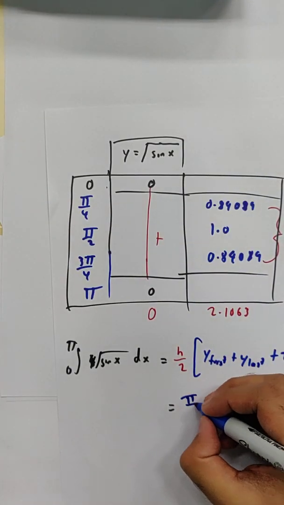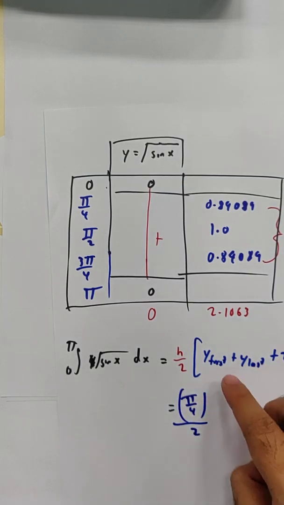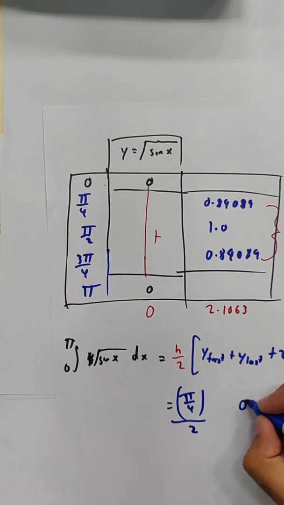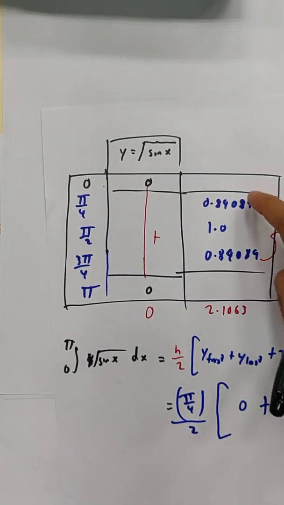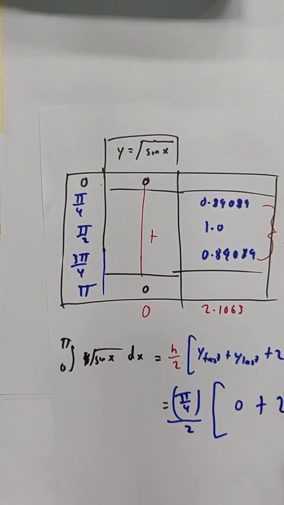So pi over 4 over 2 should give you pi over 8. Y first plus y last we got over here as 0. Plus 2, y in between we calculated over here 2.1063.